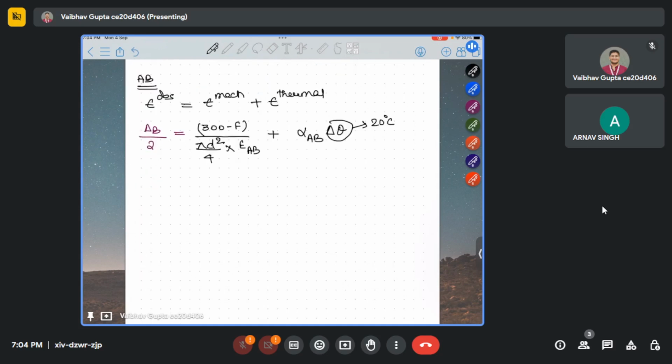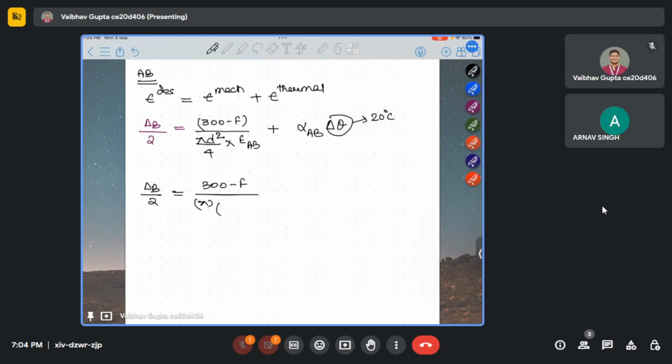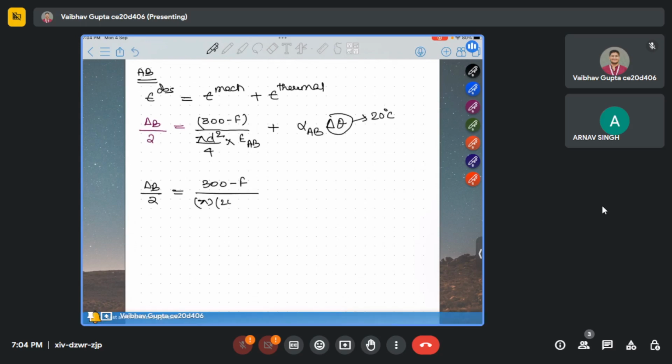So now putting the values in the formula, 300 minus F upon pi 20 square by 4. Since the diameter is in mm, we convert mm to meter. 1 meter is equivalent to 1000 mm.